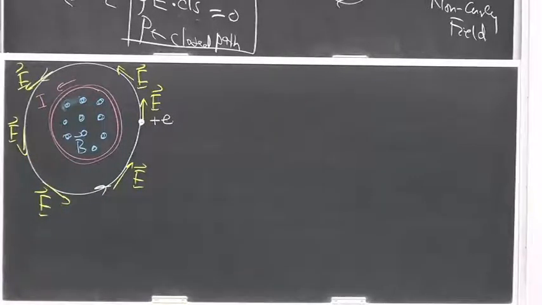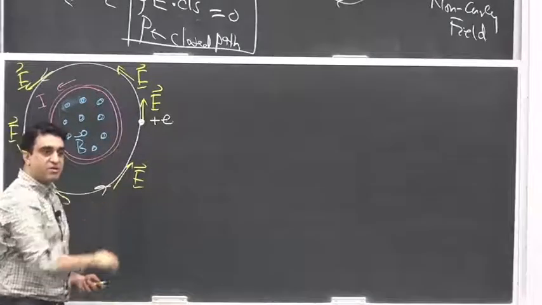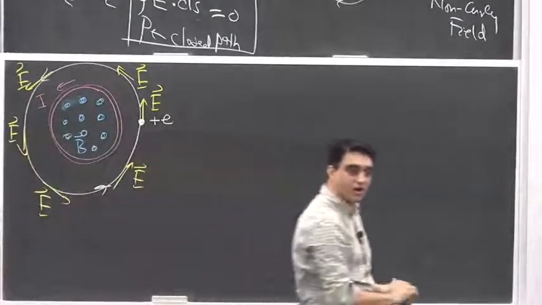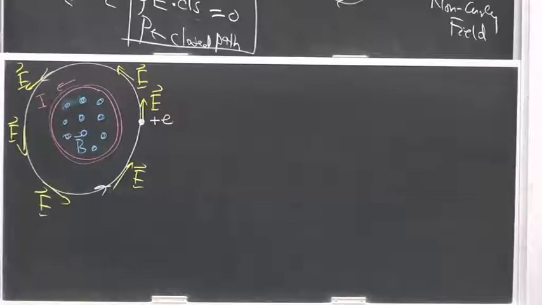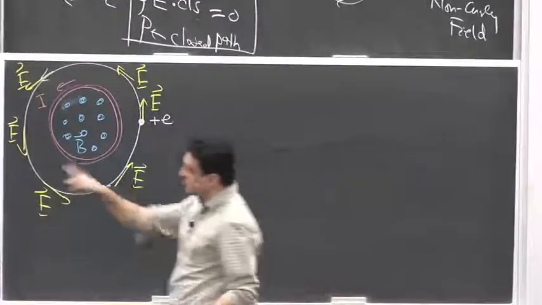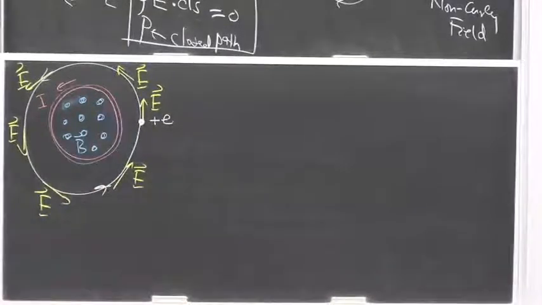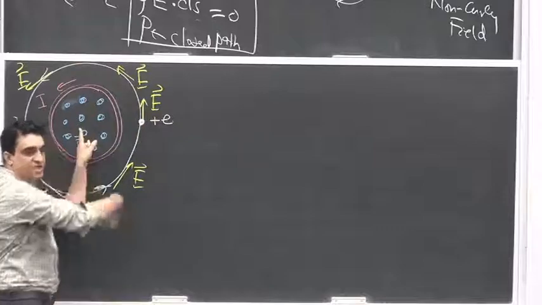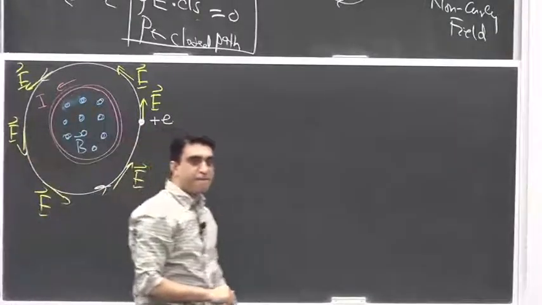If it wasn't a curly field, the charge wouldn't move around. Increasing the current inside the solenoid has changed this magnetic field, and that change in magnetic field has produced an electric field outside the solenoid.